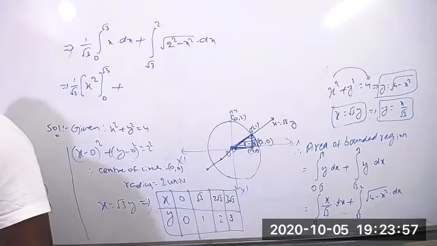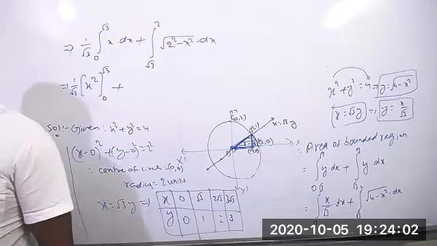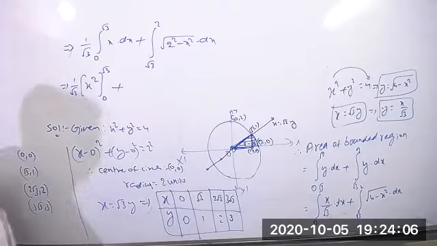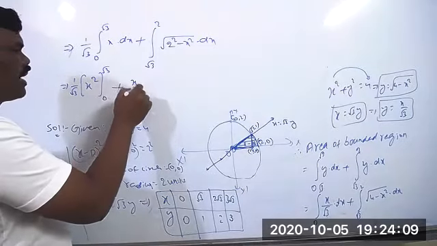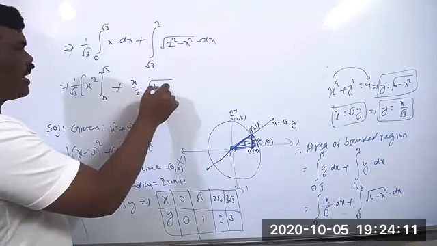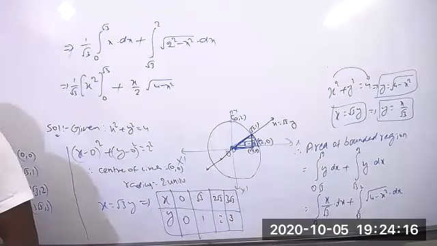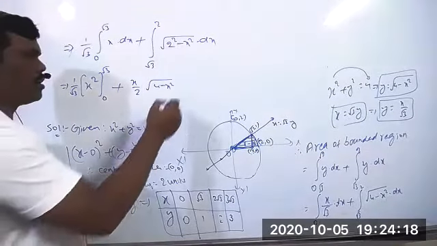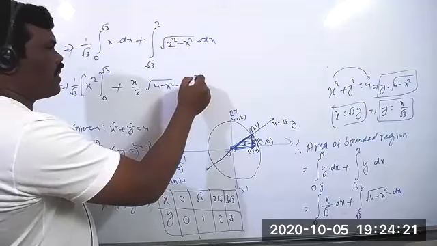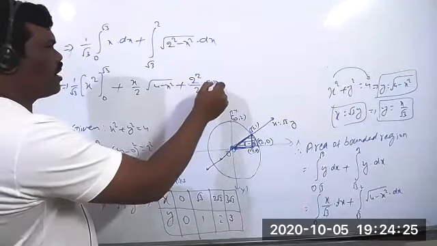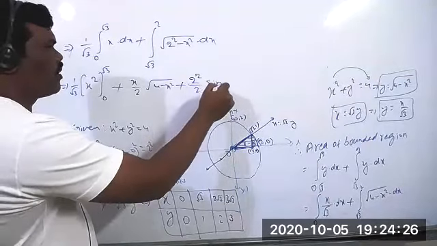It is x by 2 into root of 4 minus x square, plus a square by 2 into sin inverse of x by a. A square by 2 means 2 square by 2 into sin inverse of x by a, correct? A equals 2.